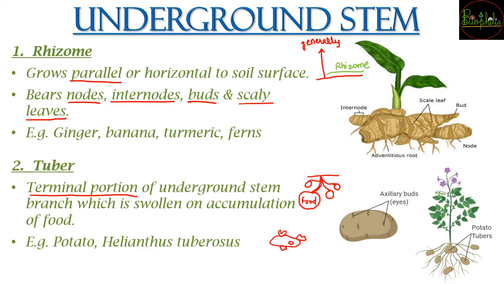So those are nothing but because of moisture content there are going to be growths of scaly leaves. So वो जो growth होगी that is going to be the significant reason that you can understand it is a stem. So that was a little thing that you can do on your own in your homes to understand and remember better that tuber का जो example होगा it can be a potato.